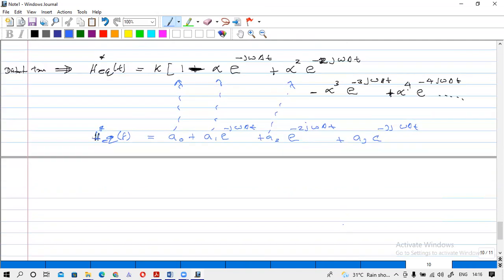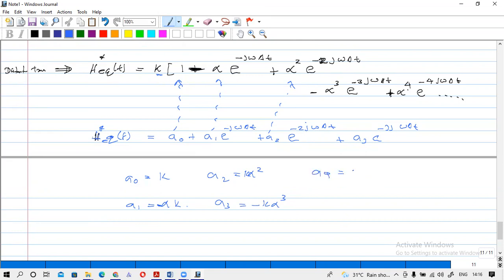So I can write a naught equal to k, because the k factor is here. a1 is equal to minus alpha k, a2 is equal to plus k alpha square, a3 is equal to minus k alpha to the power 3, a4 is again plus k alpha 4, a5 is minus k alpha 5.